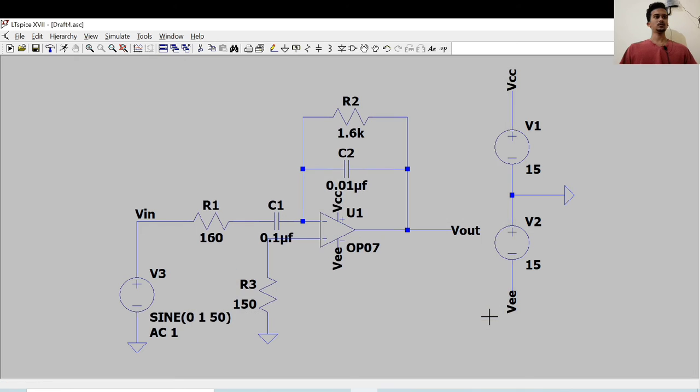Okay, so now let's check that all the connections are done properly and the supply. Okay, R2, R1. Okay, so let's simulate it.